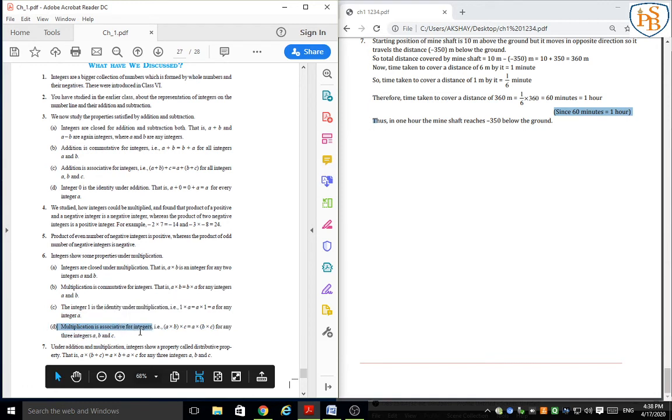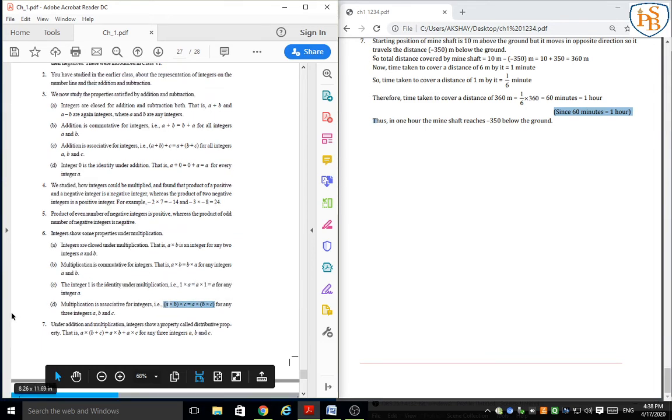Multiplication is associative for integers, that is (a into b) into c is equal to a into (b into c) for any three integers a, b and c. Look at here in this question, they are grouping the numerals. By grouping the numerals, if the integers are the same on both sides, the answer will be the same.